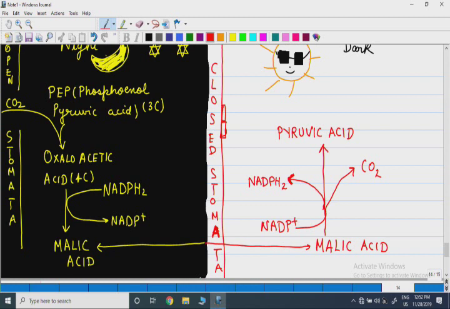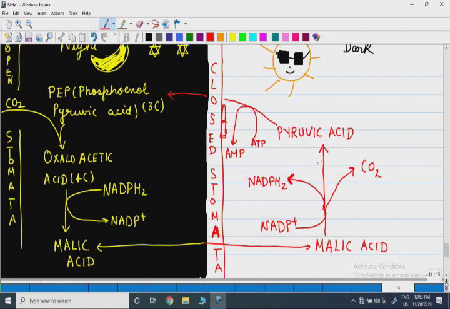Then this pyruvic acid will be converted into phosphoenol pyruvic acid in the daytime. So, how will it happen? It will happen with the help of ATP being converted into AMP, right. So, this is what is happening.